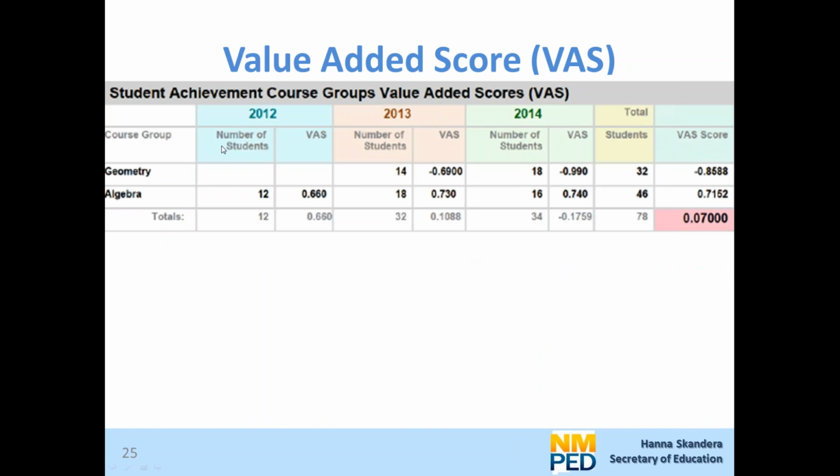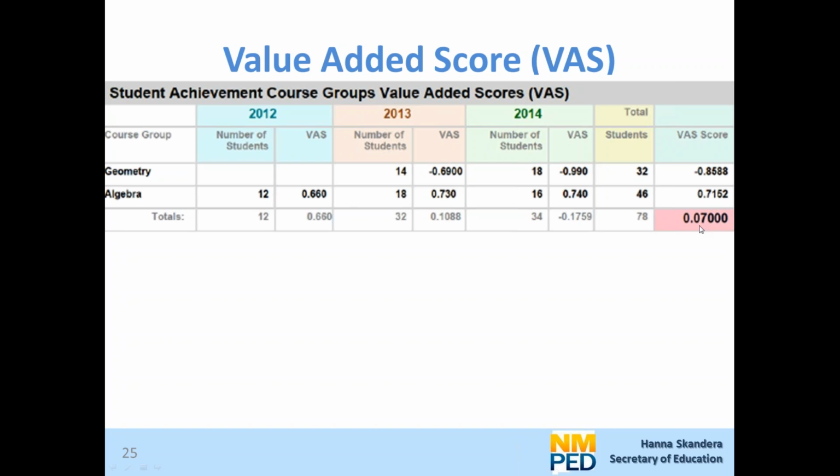So here's an example where we're going to talk about how to take this value-added score and compute the overall points on the front of the page. Quickly though, it's interesting to note that this teacher seems to be doing much better with algebra relative to geometry.